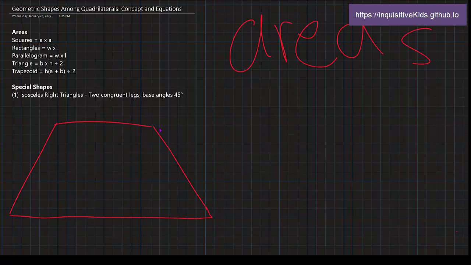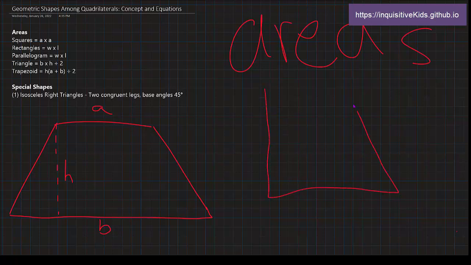This top right here, I'll name that A. And this bottom side will be B. And this is H, my height. So how do I find the area for this one? You might think to use this part over here, but that won't work for every single trapezoid.